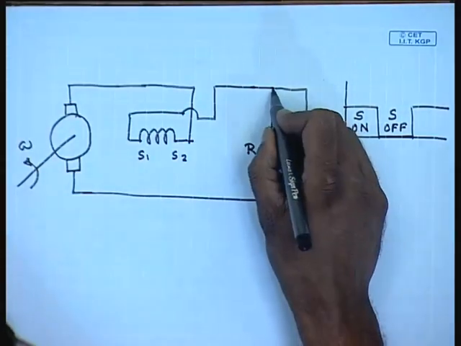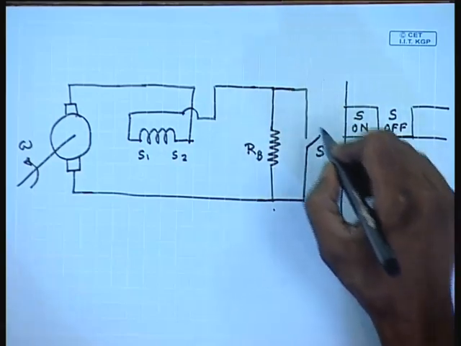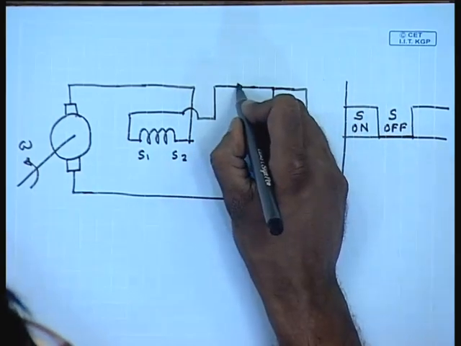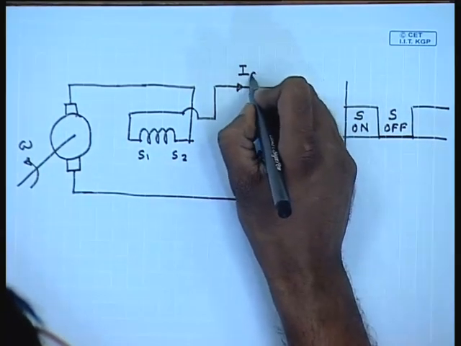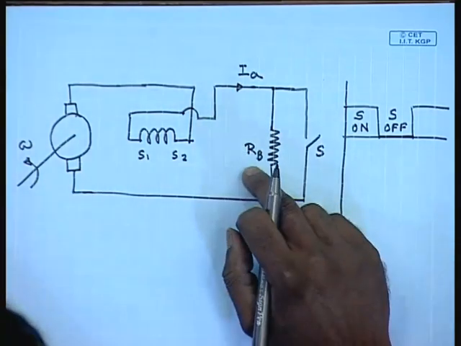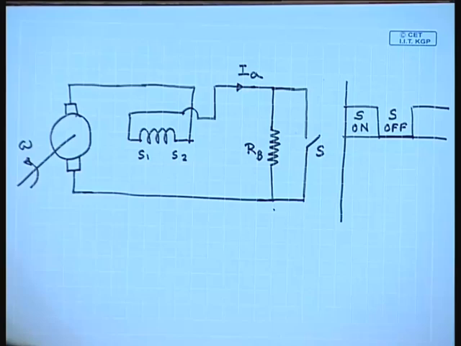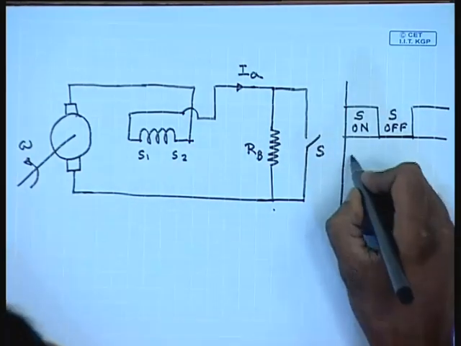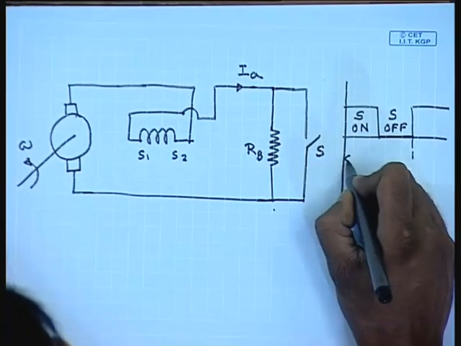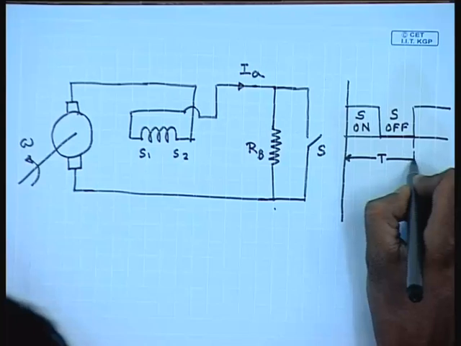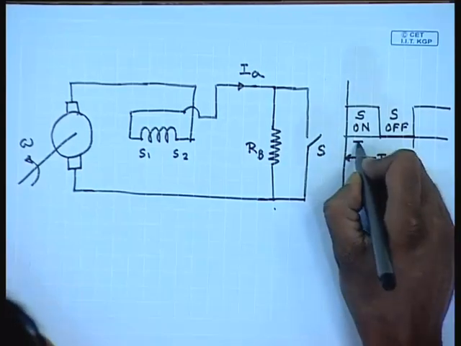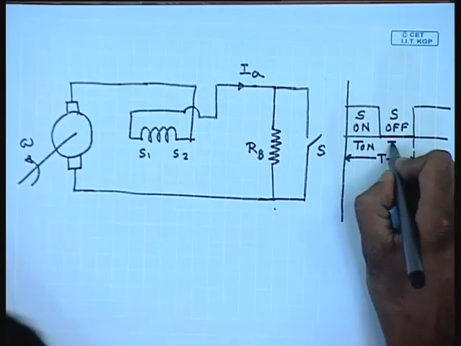Now, there will be power loss. This is the armature current IA. There will be power loss in RB only when the switch S is off. So, what is the total energy loss? This is the time period T, the period of T on and T off.